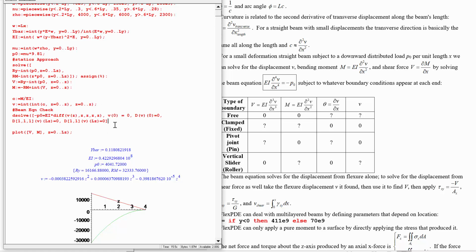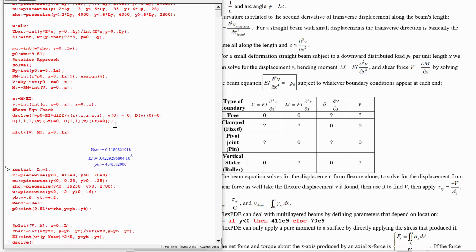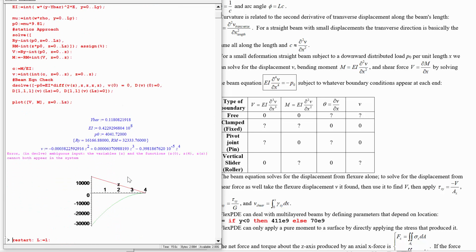All right, so now we can try to desolve that and see if we get the same values as before. Apparently we don't. Ambiguous input, the variable z cannot appear both in the functions and the system. I wonder what I did wrong here. So let's see.